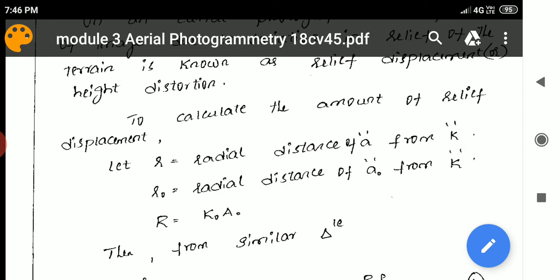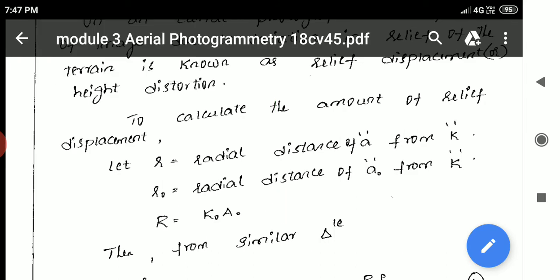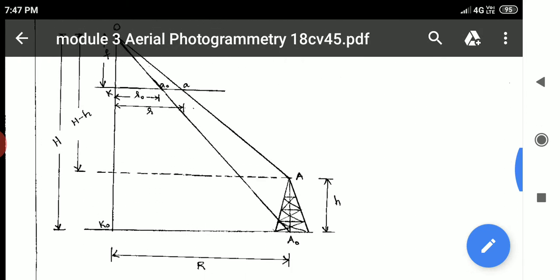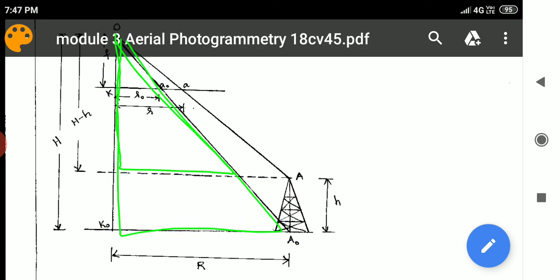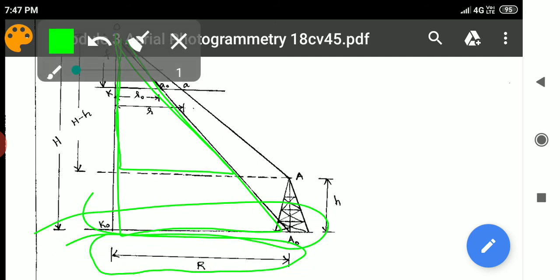So from similar triangles, see here, first triangle, second triangle. By using these triangles we will get R equal to K0 A0, isn't it?